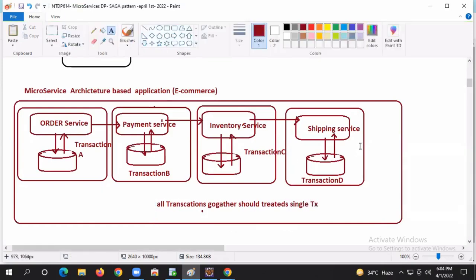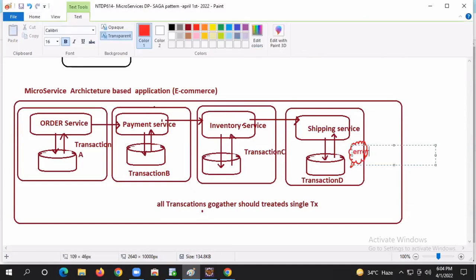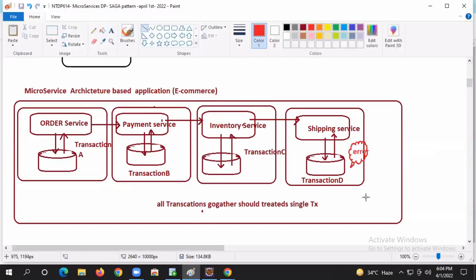Suppose while executing this transaction, or this one, some error has come. Let us assume some error has come here. Tell me, guys, it should do compensation.